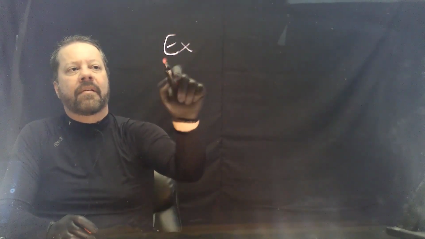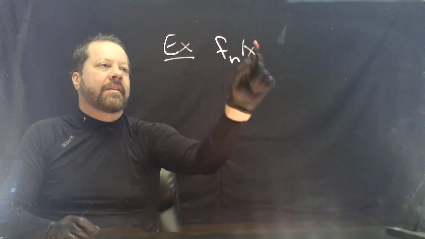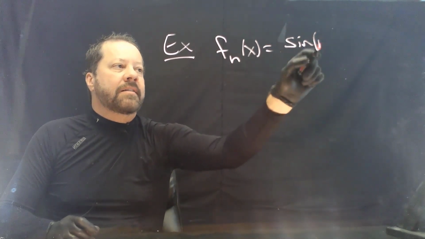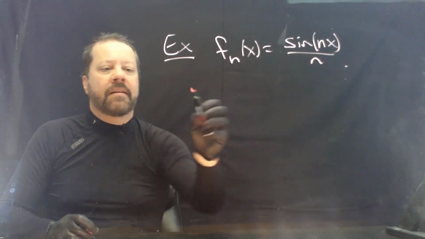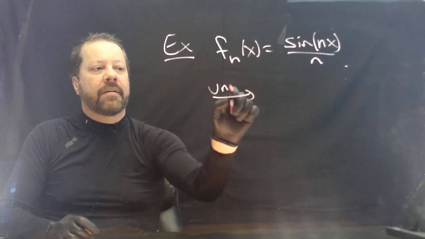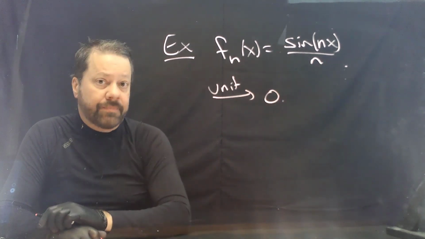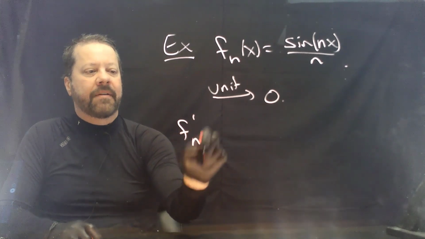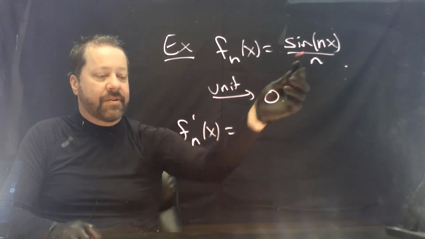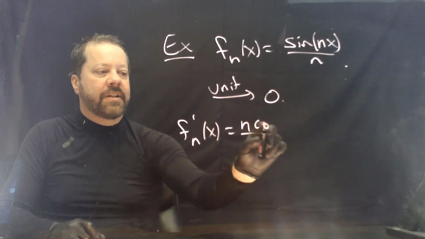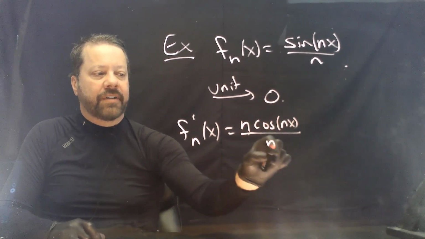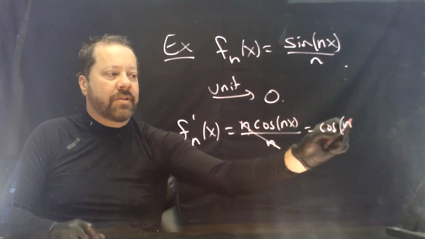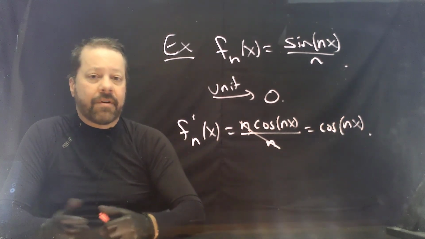Now the same cannot be said for derivatives. Let me give you fn of x equals, say, sine of nx divided by n. This will converge uniformly to the function that is identically 0. However, let's look at fn prime of x. If we take the derivative, we'll get n times the cosine of nx all over n, which is cosine of nx, and these functions don't converge at all.